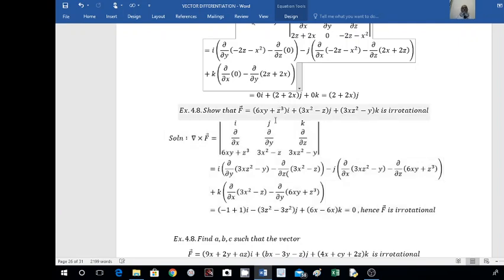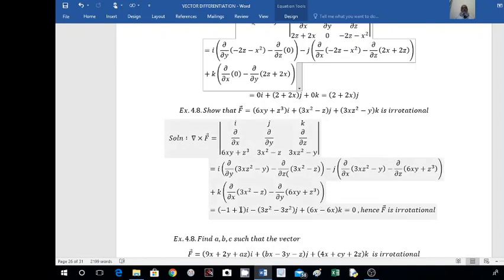Minus j into dou by dou x of this, which is 3z square, minus dou by dou z of this, which is 3z square. Plus k into dou by dou x of this term, which is 6x, minus dou by dou y of this, which is 6x. So that is minus 6x.